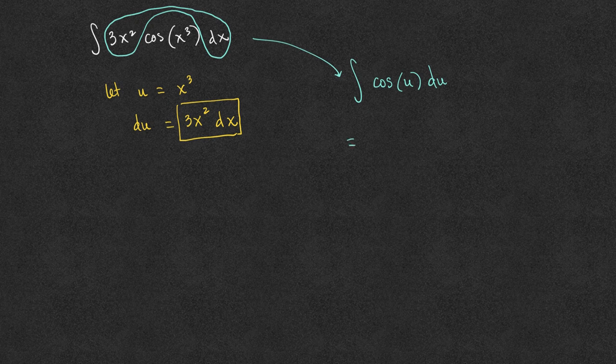The antiderivative of cosine of u is positive sine of u plus c, because the derivative of sine of u is cosine of u. But there is no u in the given integral. u is x cubed. And so the answer is sine of x cubed plus c.